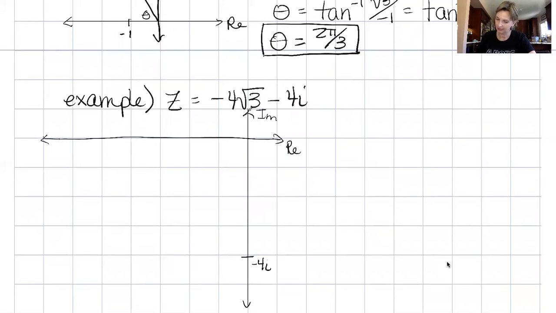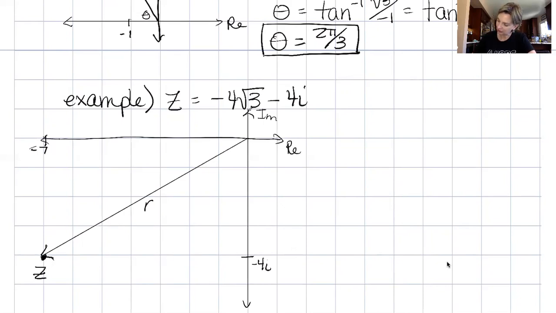Okay, on the real axis, we're way down here at 1, 2, 3, 4, 5, 6. We're way down here at -4 times the square root of 3. We're down here by -7. I think we're about right here. Okay, all right. There we go. That's our spot right there.